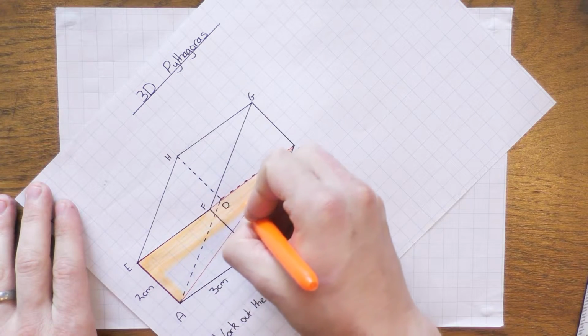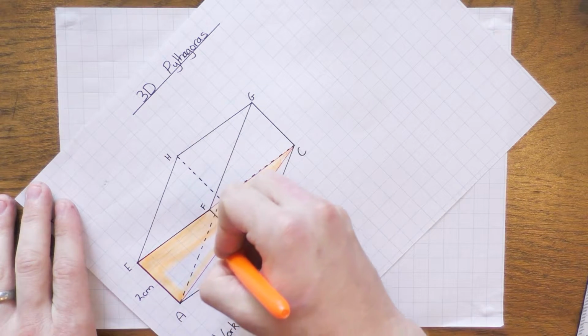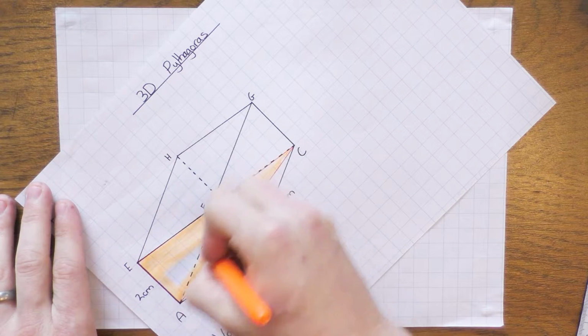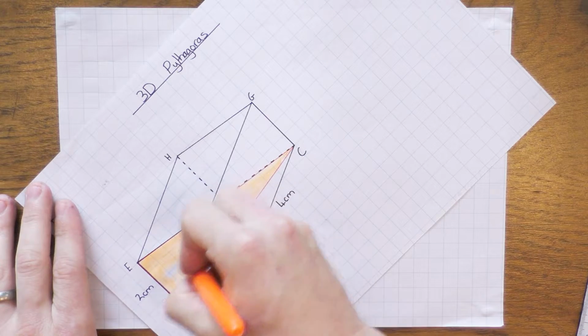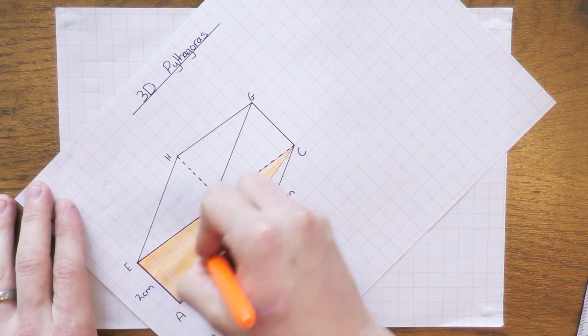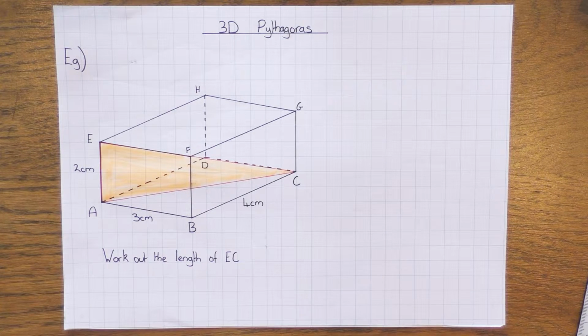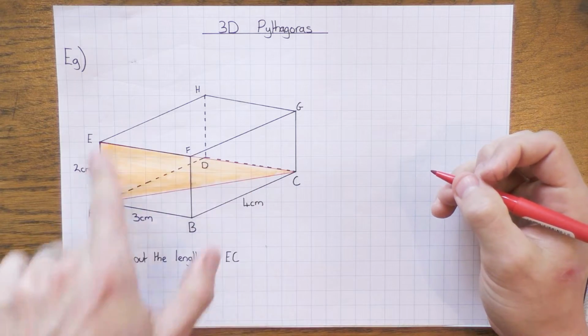Bit of colouring skills never goes amiss. There we go, that'll do. Okay, so there you can see that I've actually drawn my right angle triangle in the middle of my cuboid.